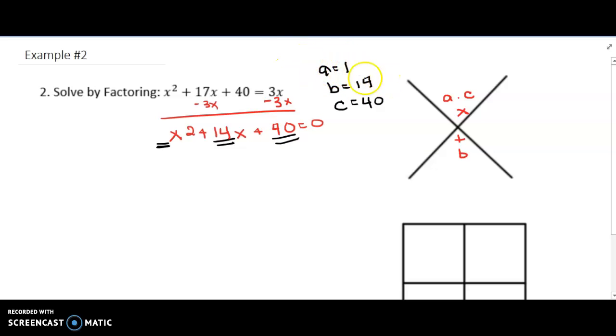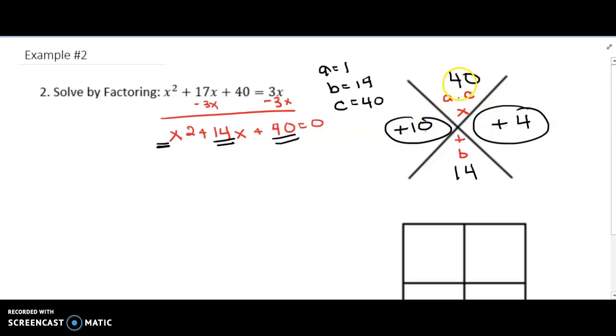Okay, so 2 numbers that multiply to a times c, 1 times 40, is just 40. And they add to b, and my b is 14. So what 2 numbers, when I multiply them, multiply to 40, and when I add them, add to 14? Okay, well, hopefully a positive 10 and a positive 4 come to mind, because 10 times 4 is 40, 10 plus 4 is 14.